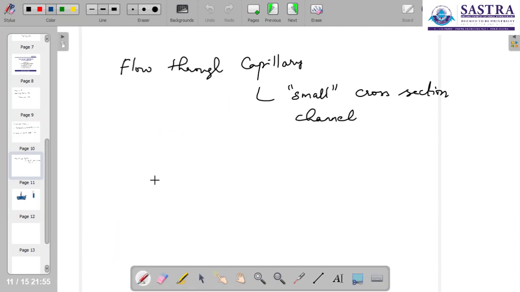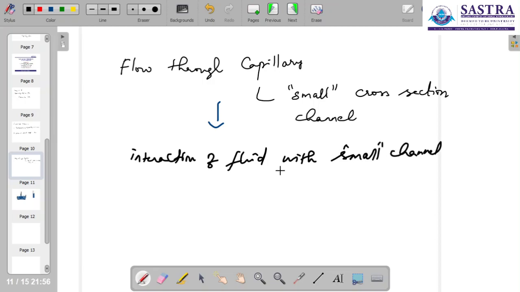Now, what is the reason for flow through a capillary? One primary reason is the interaction of the fluid with that small channel.